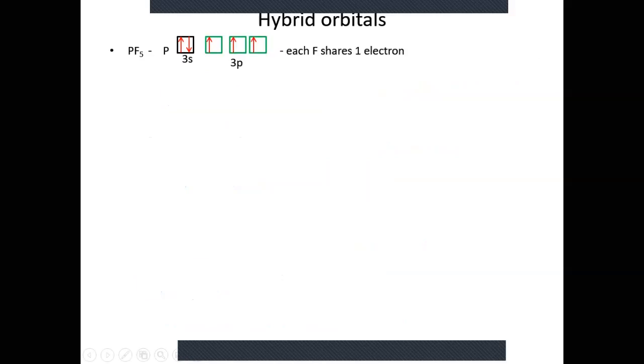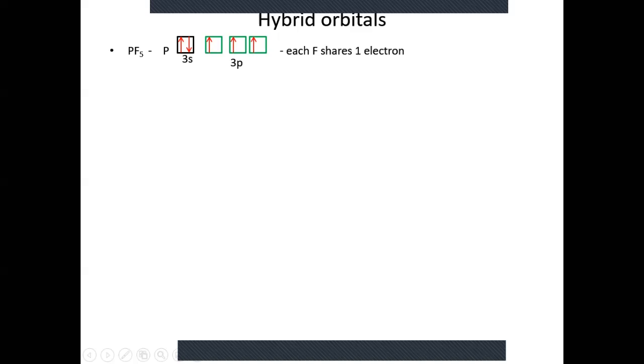So now let's look at phosphorus pentafluoride. Phosphorus has a half filled p orbital and a completely filled s orbital, but it needs to accommodate the 5 shared electrons from the fluorine. So obviously it won't fit in the 3p orbital because it can only fit 3. But there's no other p orbital.